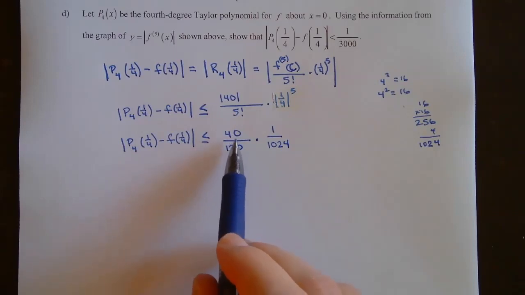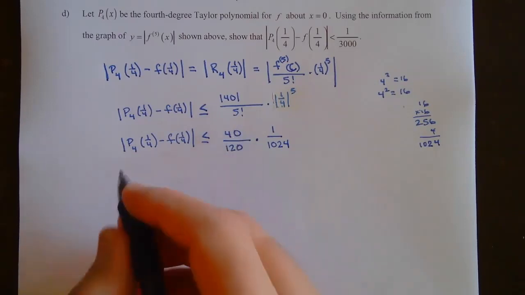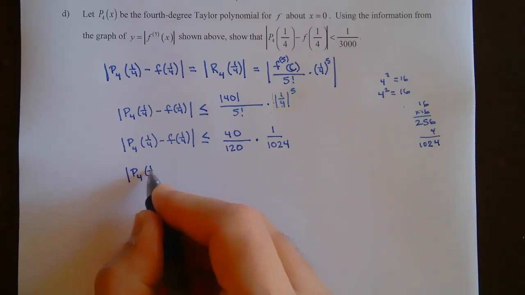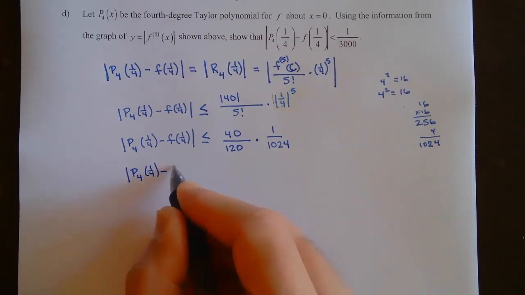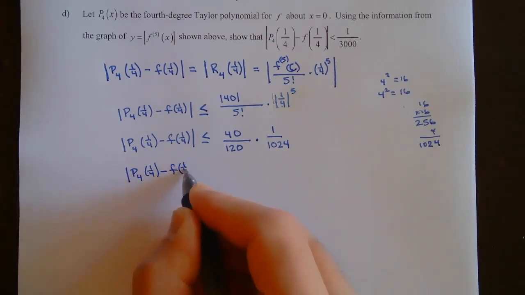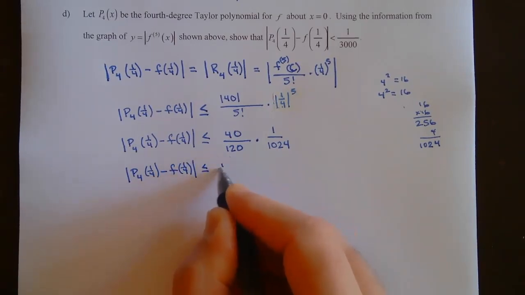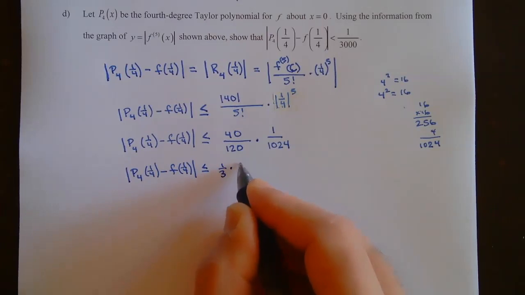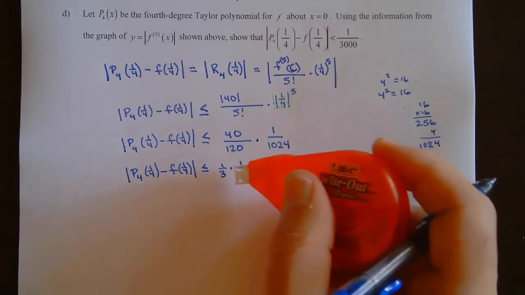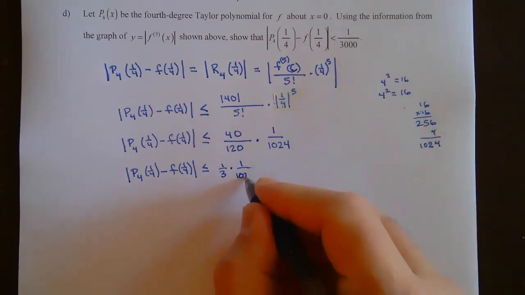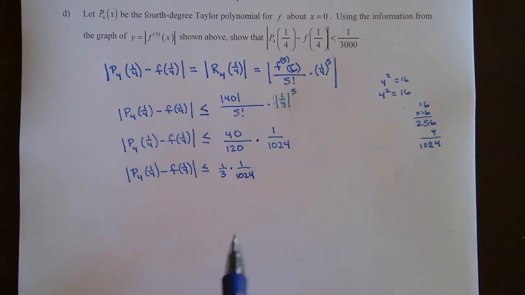Now we can reduce this, because this would be 40, this becomes 1/3. So now we know that the Taylor polynomial at 1/4 minus f of 1/4 is less than or equal to 1/3 times 1 over 1024.